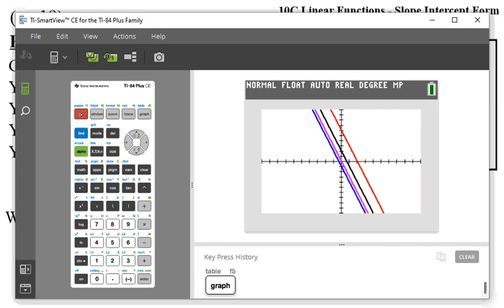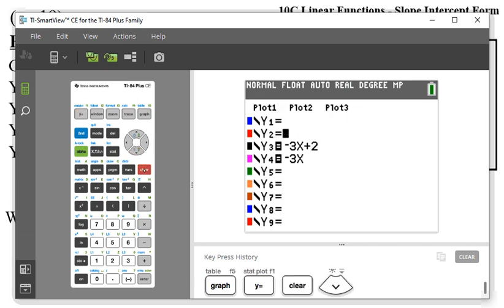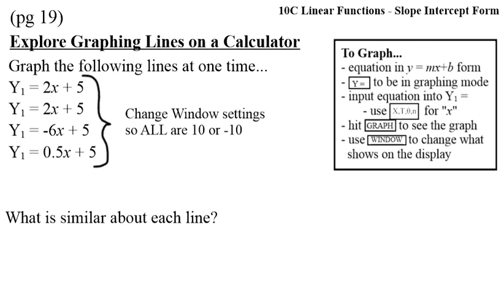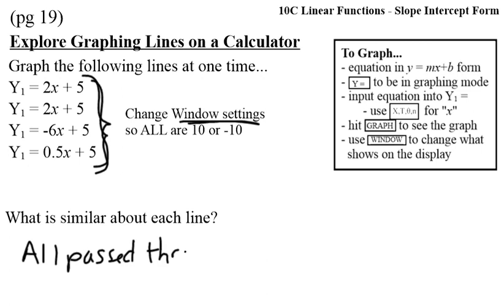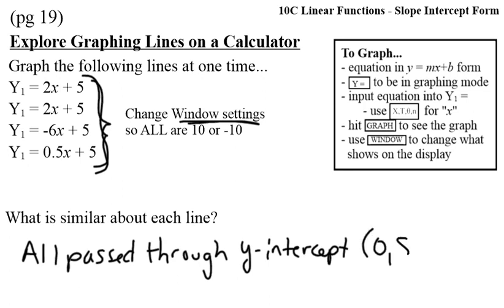So I'm going to clear those because I don't want those for later on. And now I'm just going to close my screen. We'll talk window settings here in a couple minutes. But what's similar about all of these first ones? They all passed through the y-intercept 0, 5.